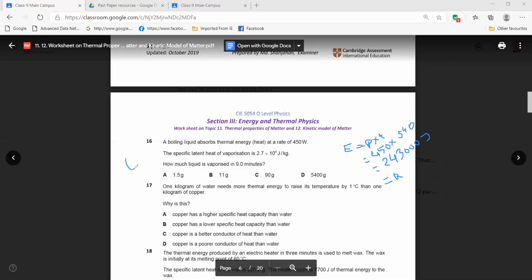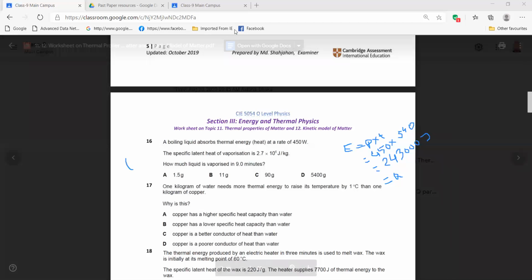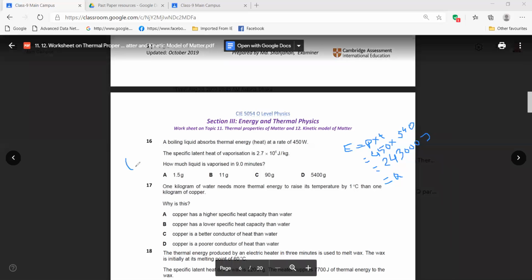It is L_F, but here it is L_V because it is vaporization. Same way, only the symbol is different: Q by M.